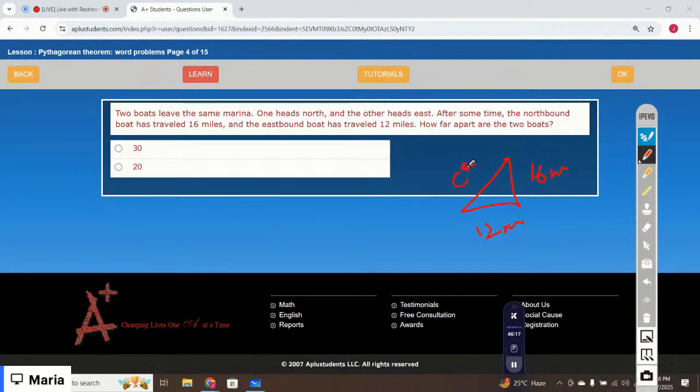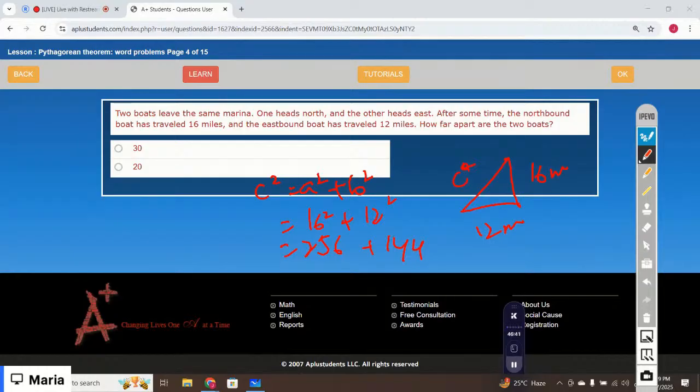We need to calculate c. c square equals a square plus b square. That is 16 square plus 12 square. 16 square is 256 and 12 square is 144. 256 plus 144, yes, that is 400.